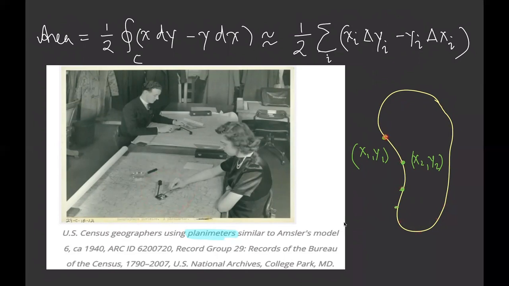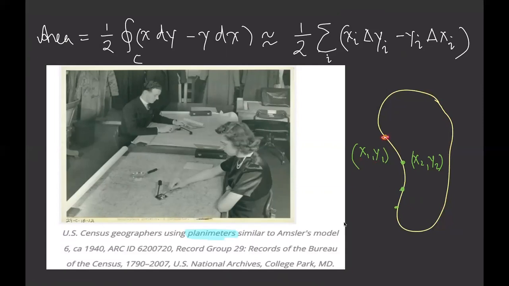And when it's doing that, right, this first point will be x1, y1, second point will be x2, y2, which you assume is quite close to x1, y1, and so on and so forth. So you go along the region, all the way around the region until you come back to the beginning. The beauty of this instrument is that it actually records the x, y locations and so on.